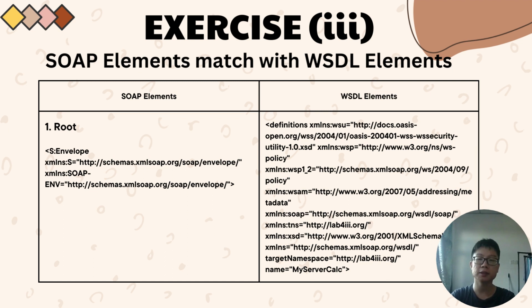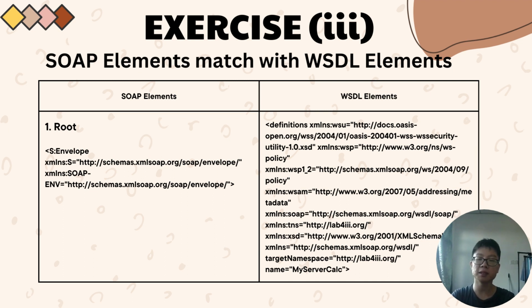For exercise 3 in lab 5, the question asked me to find the SOAP elements that match with the WSDL elements. For this question, I choose the MyCalculator project, and inside the project, I use the MyServerCalculator program.